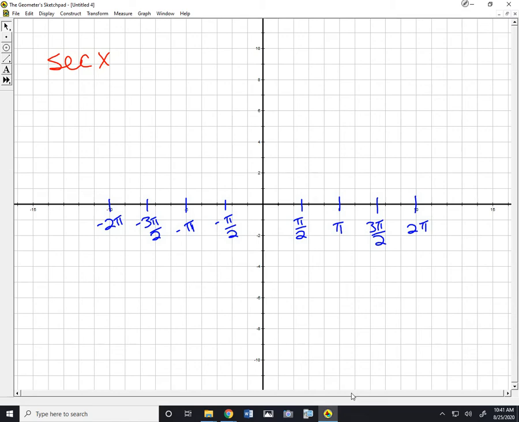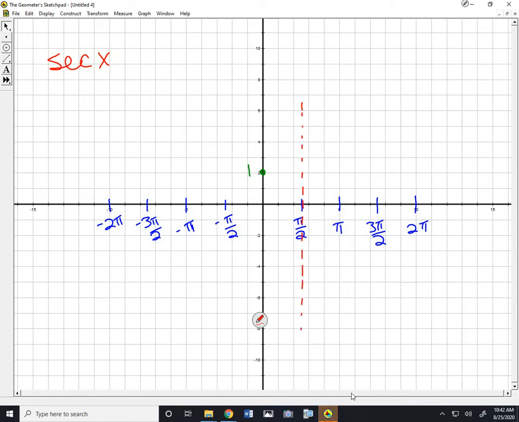So secant is 1 over cosine, and so in your table, at 0, cosine is 1, and so 1 over 1 is 1. And so we're going to have our first value here at 1. Now at pi over 2, cosine is 0, so that's going to be 1 over 0. So we're going to have a vertical asymptote at pi over 2.